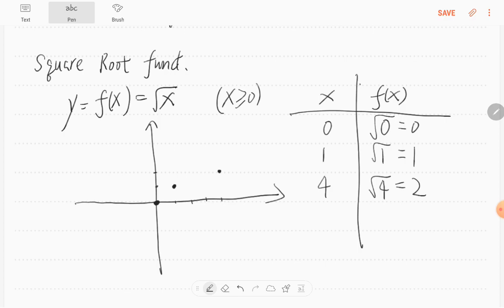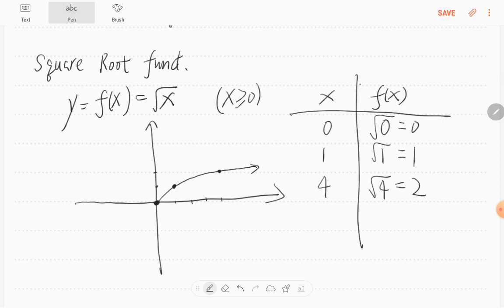And so on. Of course, you can choose x equals 9, then f of x equals 3. But here I think it's enough. So we use a smooth curve to connect these points. So this would be the square root function.